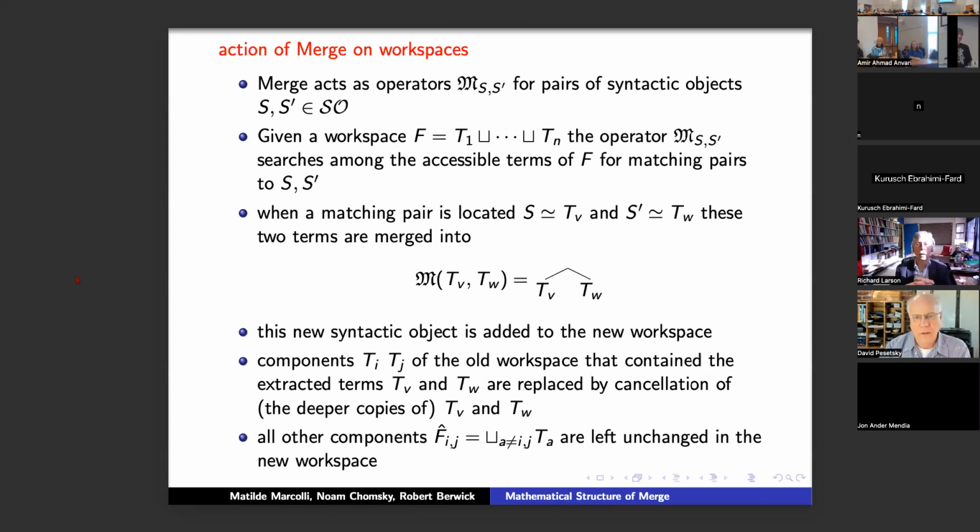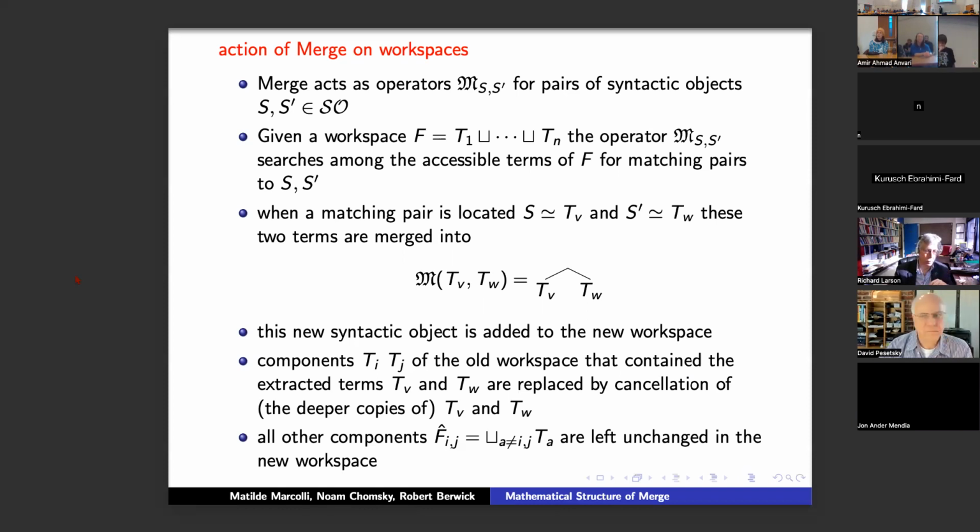So what happened last time is that syntactic objects are a magma and workspaces are a Hopf algebra. This is the punchline of what happened yesterday. So now, what we want to do with these workspaces is to use them as the input for merge operations that give you derivations of sentences.